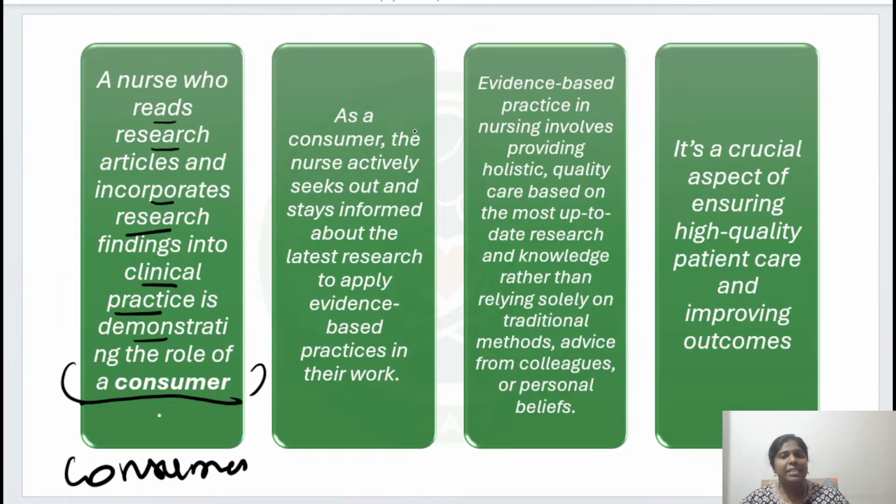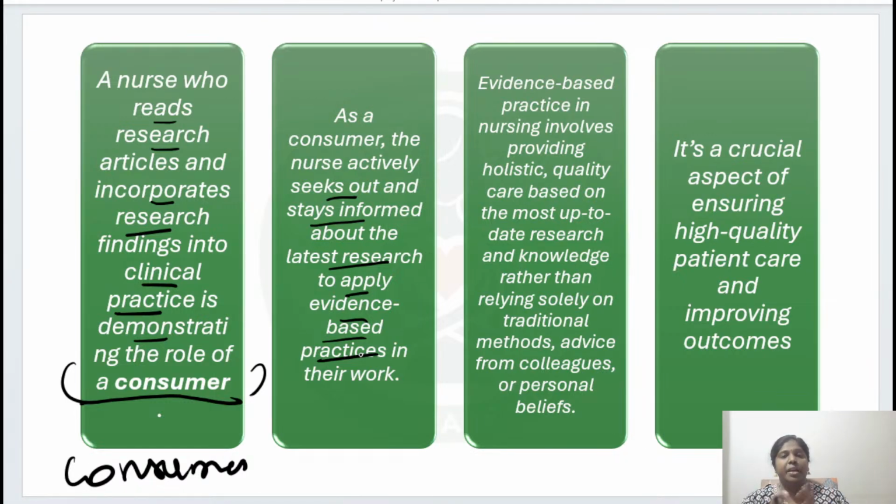As a consumer, the nurse actively seeks out and stays informed about the latest research to apply evidence-based practices. In nursing, we usually perform evidence-based practice, and for that the nurse acts as a consumer. Whatever she has read in the research, she is going to implement. For example, hot application and cold application relieving arthritis pain or knee pain.